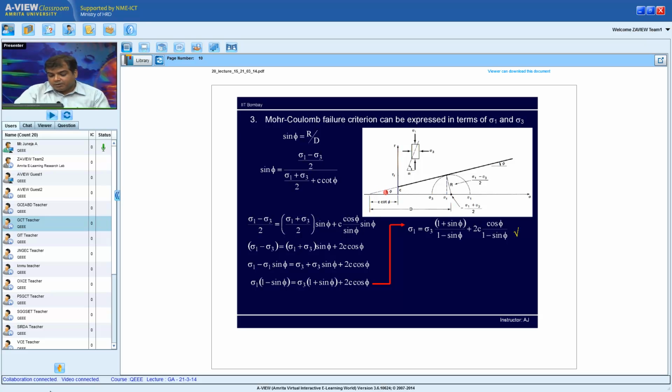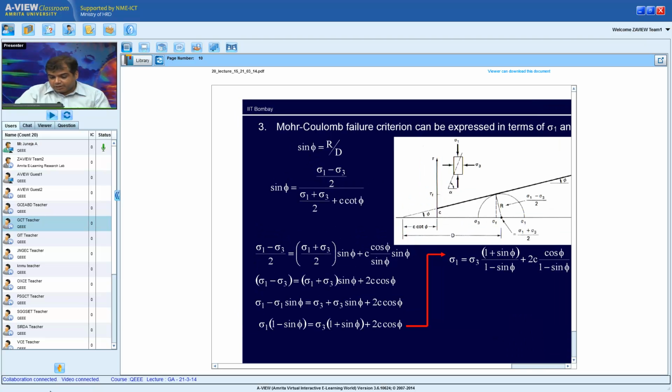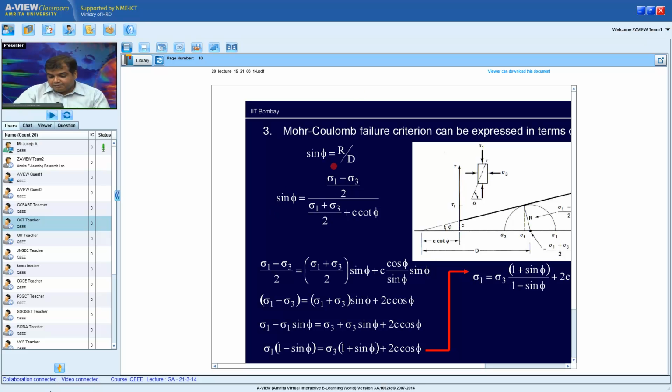So if I want to write this as sine phi, which is perpendicular upon hypotenuse, I get perpendicular is the radius, which is sigma 1 minus sigma 3, and hypotenuse is this whole lot. I can write this in the form of this equation over here. Let me zoom in. So sine phi equals perpendicular, which is the radius, over the hypotenuse, which is over here.